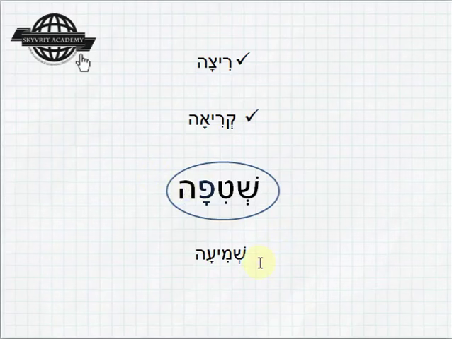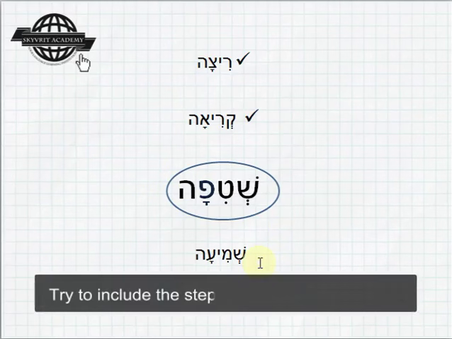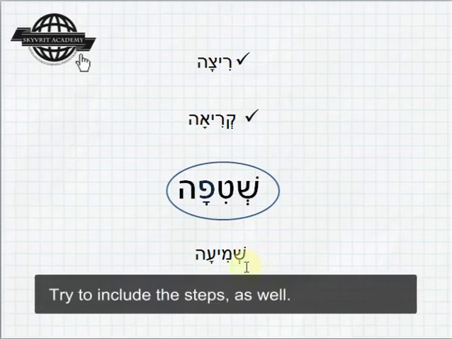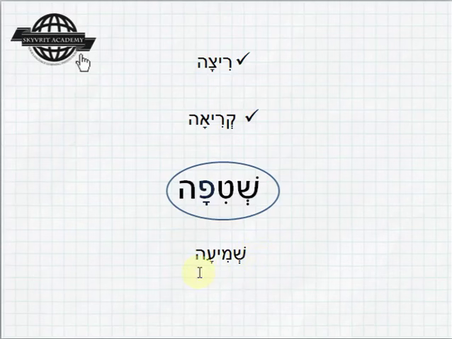Feel free to comment down below with the answer for the last one. שמיעה. What do you think would be the answer for he in past tense? מה הוא עשה? מה הוא עשה?